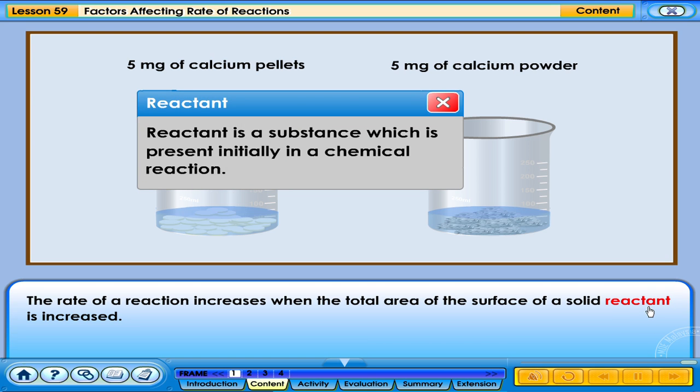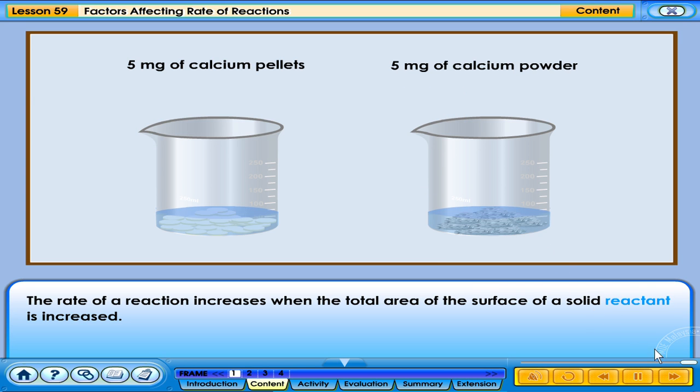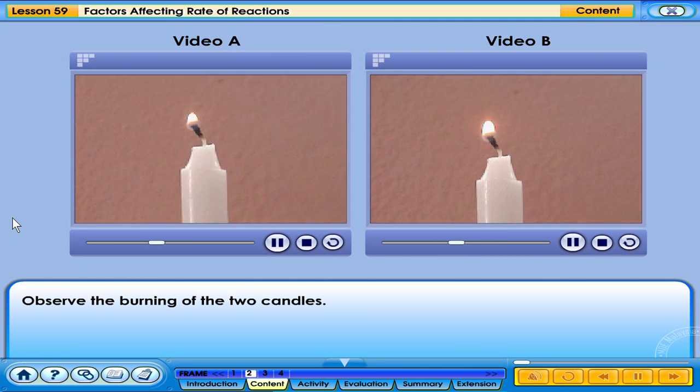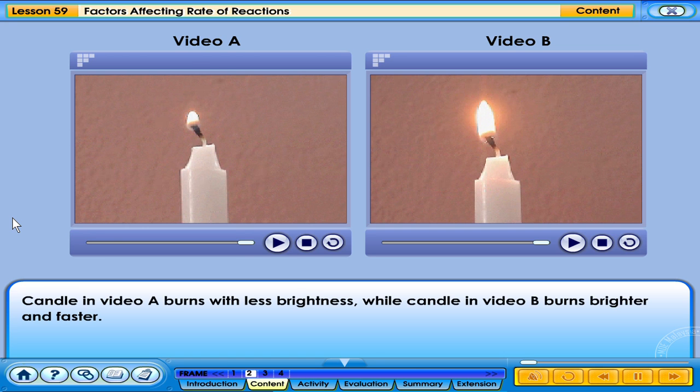Reactant is a substance which is present initially in a chemical reaction. Observe the burning of the two candles. Candle in video A burns with less brightness, while candle in video B burns brighter and faster.